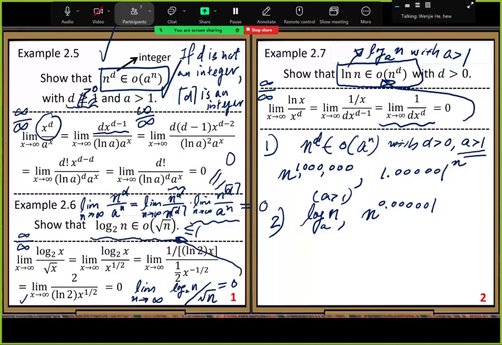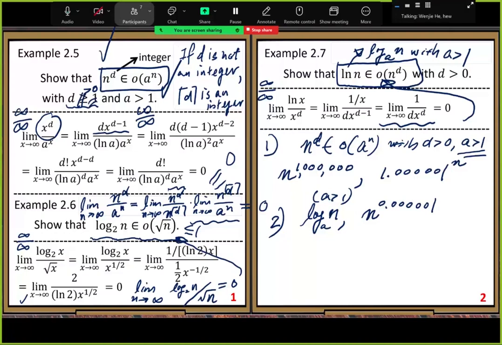if you still use your intuition, because the exponent is extremely small, your intuition could be that this function's value is very close to 0. But think about it: our n can grow as a huge number. Although the exponent is very small, our base number is so huge that it can eventually overcome the small exponent.